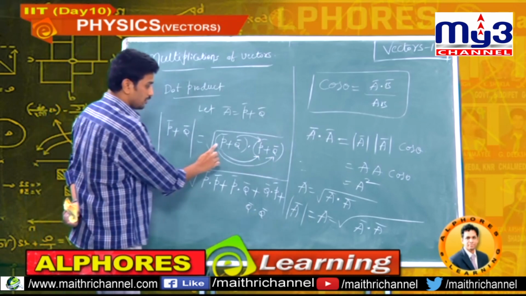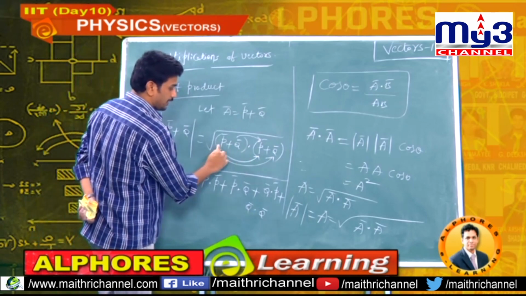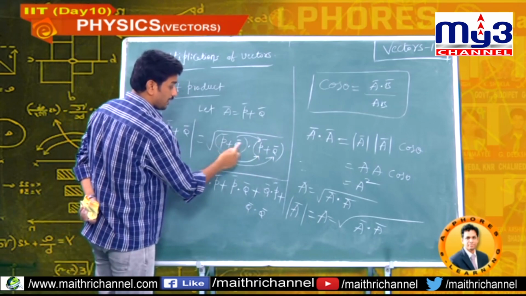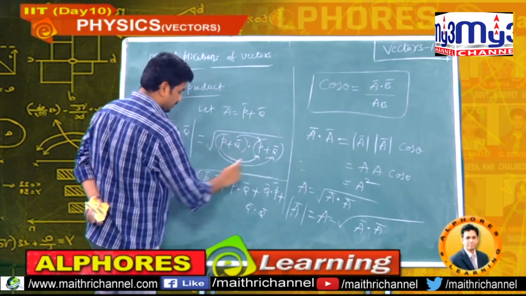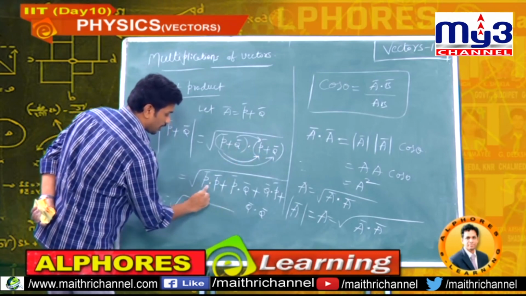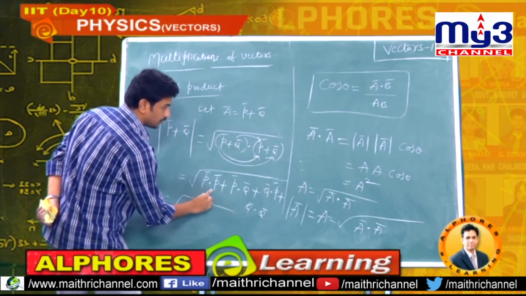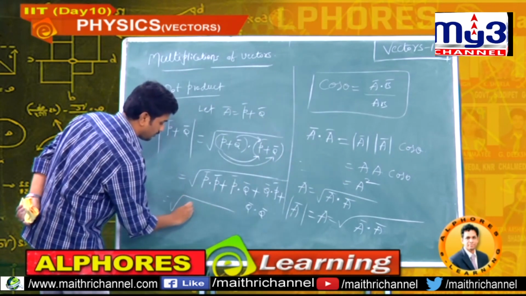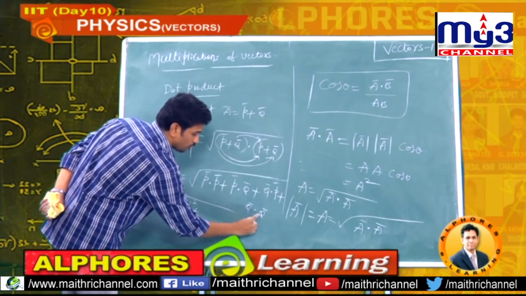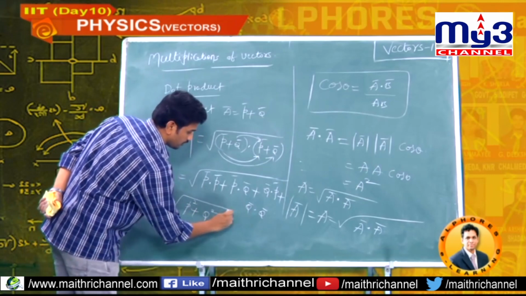Multiplying the two terms, once again we get P bar dot P bar, P bar dot Q bar, Q bar dot P bar and Q bar dot Q bar. P bar dot P bar gives P square, and Q bar dot Q bar gives Q square.